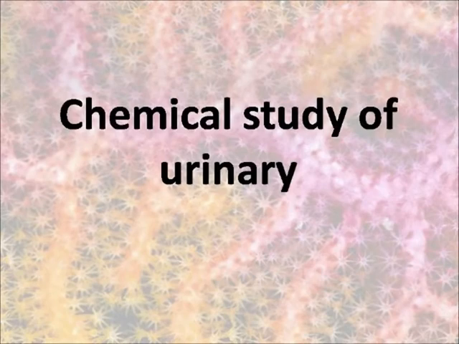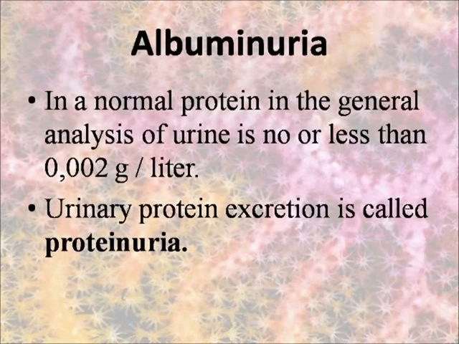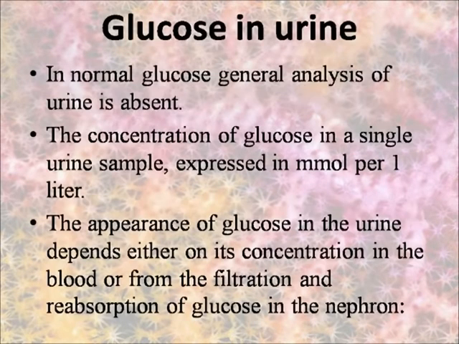Chemical study of urine. Albuminuria. In a normal general analysis of urine, protein is absent or less than 0.002 gram per liter. Urinary protein excretion is called proteinuria. Glucose in urine.